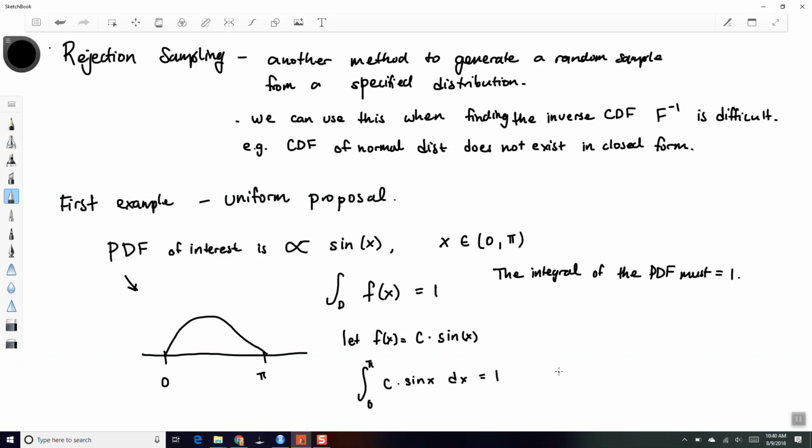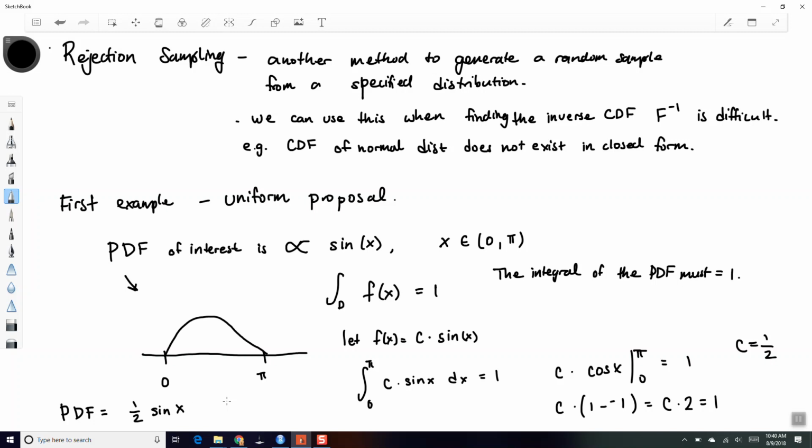So what I get is the constant times negative cosine of x from 0 to pi has to equal 1. So I get c, and then cosine of x evaluated at pi and at 0 gives me 1 minus a negative 1. So I get c times 2 is equal to 1, therefore c must equal 1/2. So our PDF is going to be 1/2 sine x.